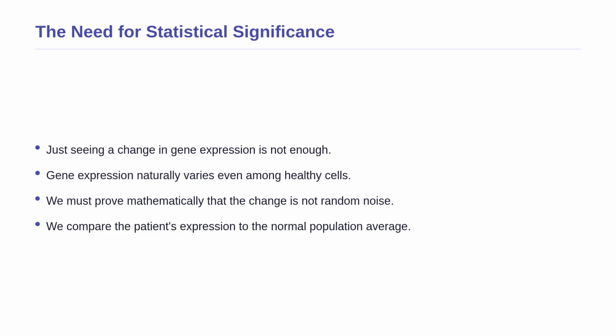A small change might just be normal biological noise, while a large change could be a critical disease signal. To confidently say that a drug worked or that a gene is causing a disease, we need a mathematical way to measure how unusual our observed expression level is compared to the normal population average.